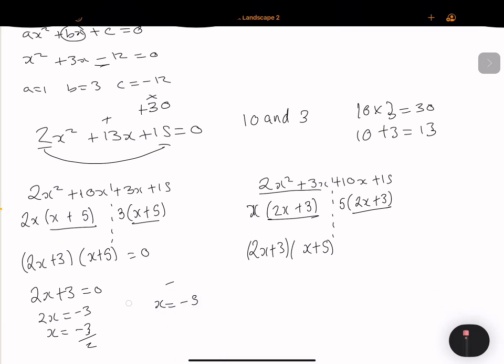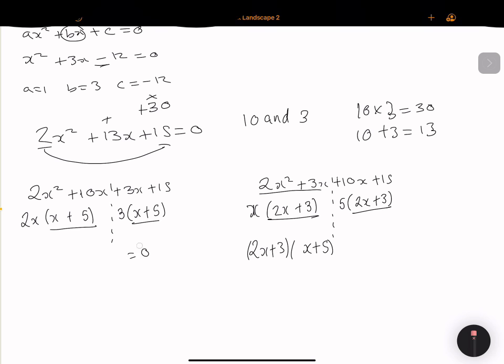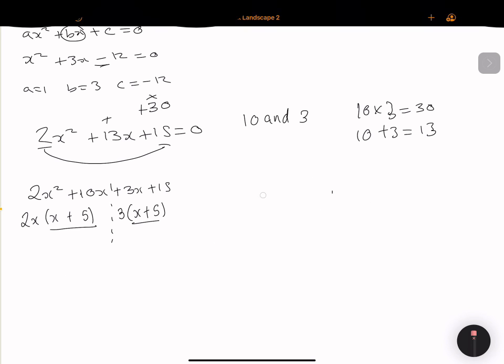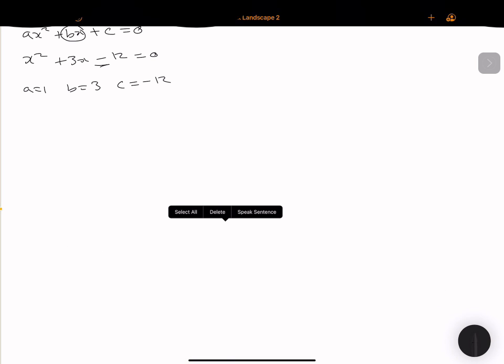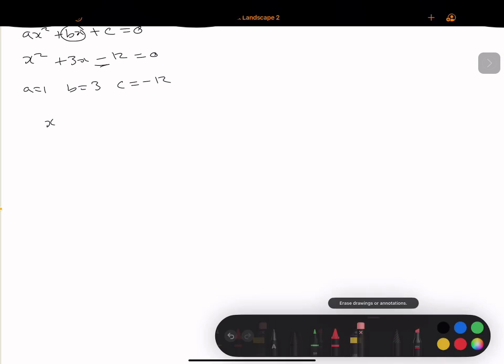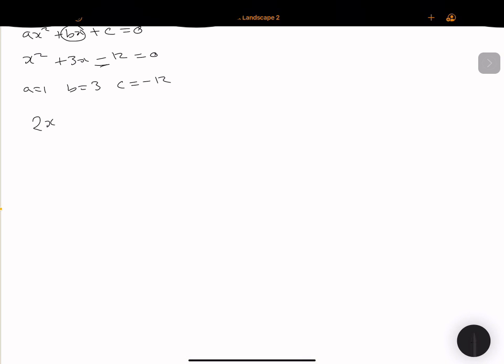So let's do another one now. Let's do a harder one, which involves a bit of thinking. 2x cubed minus 2x squared minus 24x equals 0.